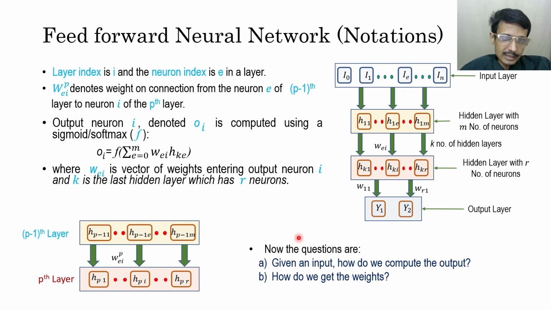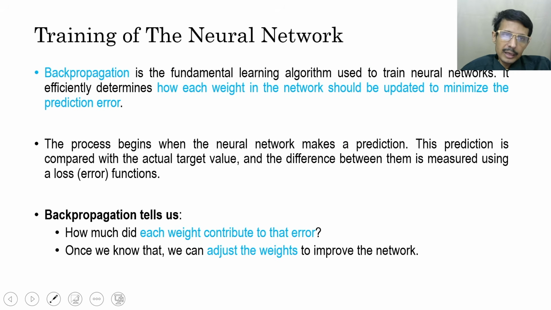Now the questions are: given an input, how do we compute the output, and how do we get the weights? These two questions are very important for the training of this neural network. Training of the neural network basically has two phases: one is the forward pass and the other is the backward pass.